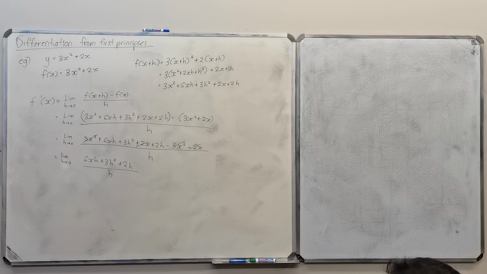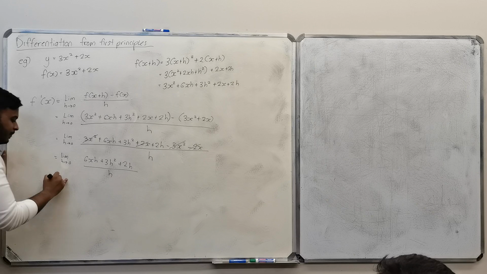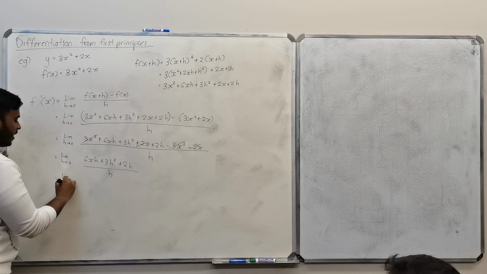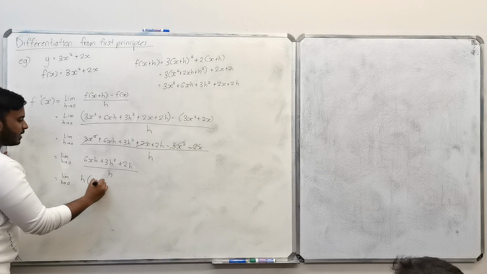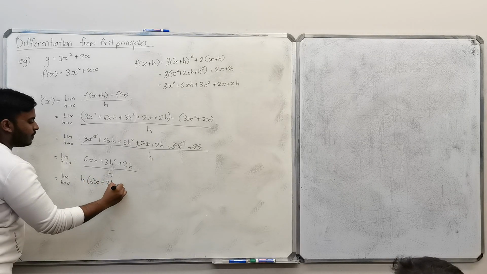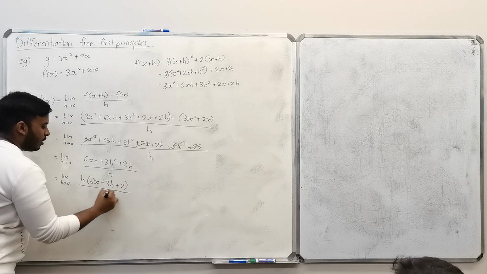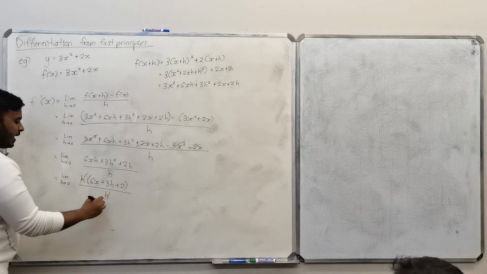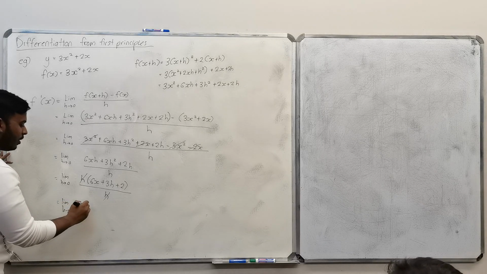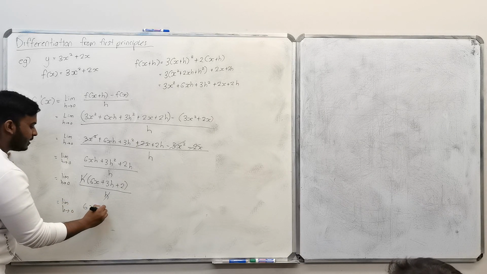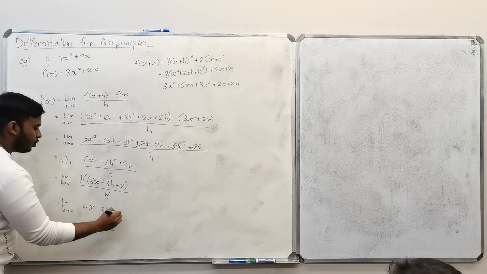So I'm going to factorize. I'll pull out a factor that causes me to get the zeros, and the factor is h. So this is the limit as h approaches 0 of h into (6x plus 3h plus 2), all over h. Cancel, cancel. I'm left with the limit as h approaches 0 of 6x plus 3h plus 2.